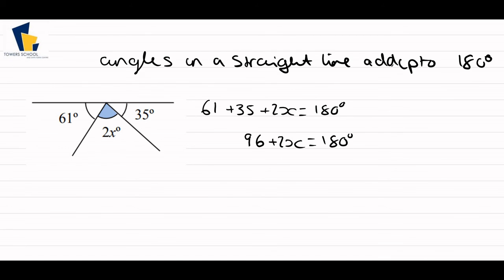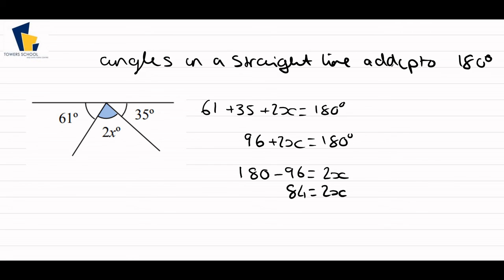To solve this, the first thing we're going to do is take the value that we know, 96, away from 180, and this will give me 2x. So if I take 96 away from 180, I end up with 84 is equal to 2x.